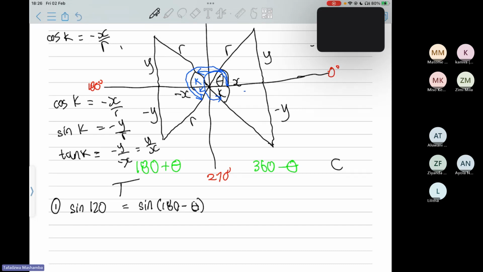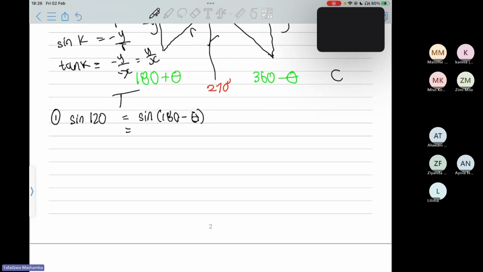And then after writing that, how can I solve the problem? Can you see 120 must equal that? So the first thing that you want to do is find what theta is. On the side, just say, therefore 120 must equal 180 minus theta. By doing that, you can easily identify that theta is equal to 60 degrees. So this simplifies to just sine of 60 degrees. And what do we know about sine 60? This looks familiar. It's a triangle that we've actually dealt with.